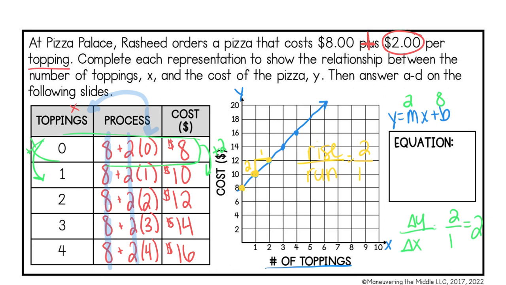And it told us down here toppings was x. So we have to do 2 times x, which means 2 is my m. And we know he has to pay $8 already. So that's your b. So you can use any representation it gives you to write your equation. So I'm just going to plug that in. y equals 2x plus 8 is our equation.